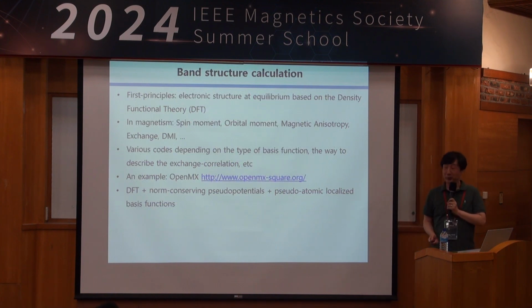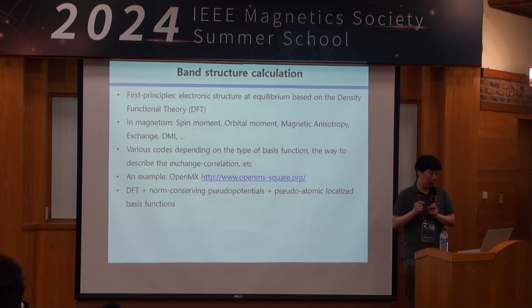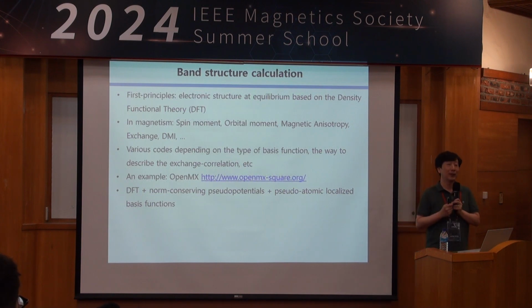It is well established. There are various ways and various codes you can use. If you learn the manual correctly, you can use it correctly. But one thing that I want to emphasize is that this band structure calculation is not always correct. It is based on some assumptions, so it is not actually first principles.